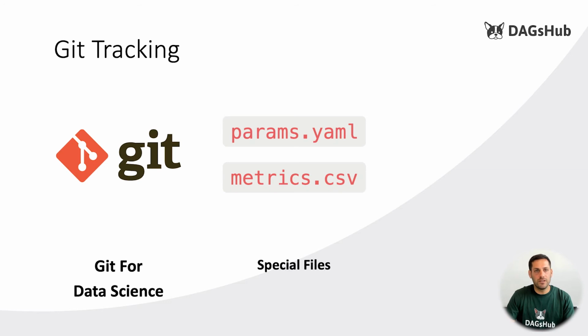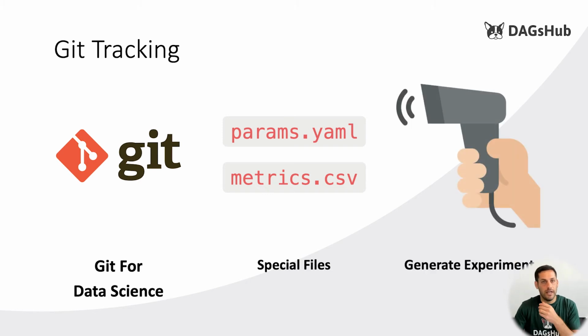All you need to do is log your experiment information to open format files named params.yaml for parameters and metrics.csv for metrics, and track them using Git and push them to DagsHub. DagsHub will parse the Git commit for those special files with those special names. And if it finds a new file or an updated file, it will create a new experiment.